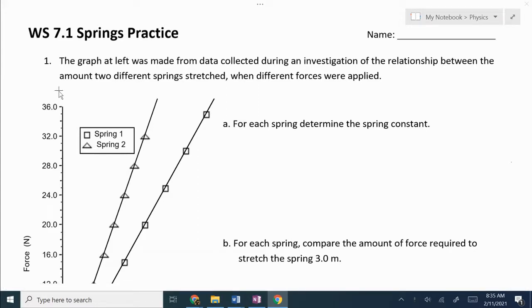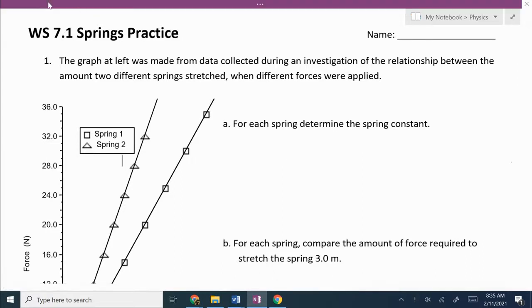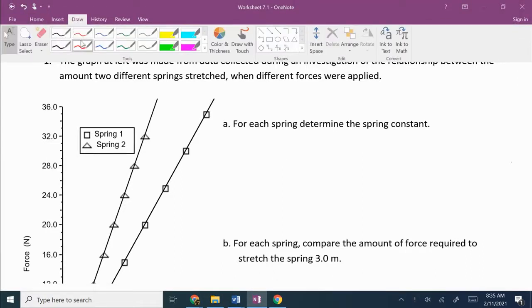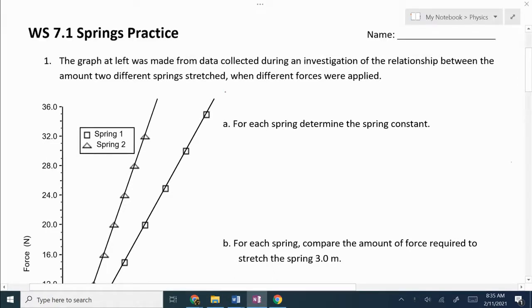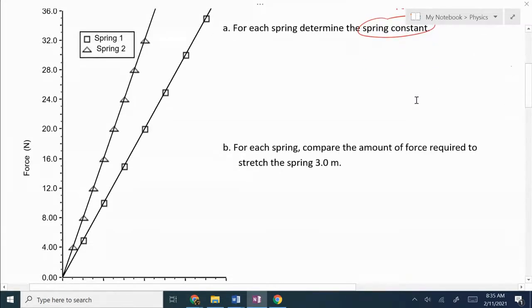So to do that, what we're going to be looking for is the slope. The spring constant, which is k, is going to be equal to the slope of each of these lines.